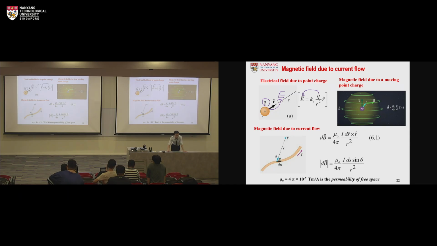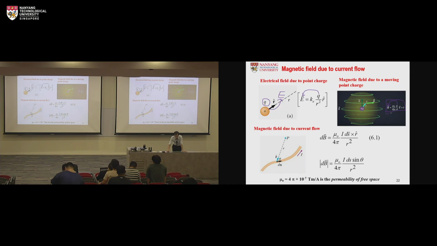And if Q is a moving charge, then this moving charge will give you a B here. So this tells you that even if you only have one moving charge, you will have a certain finite B, right?